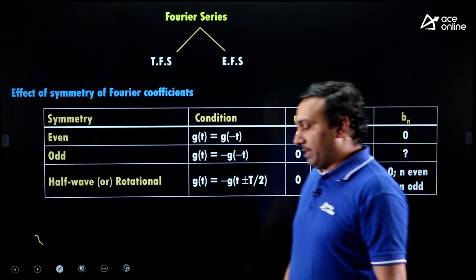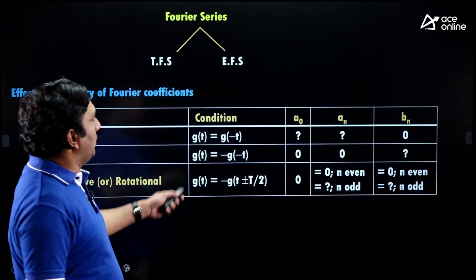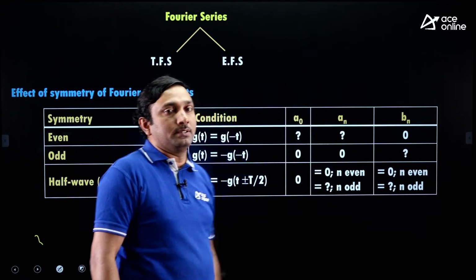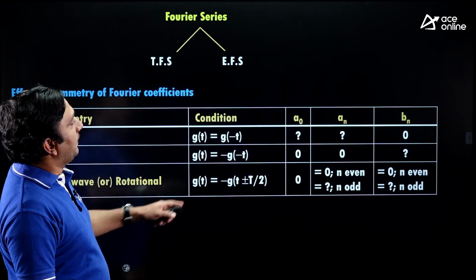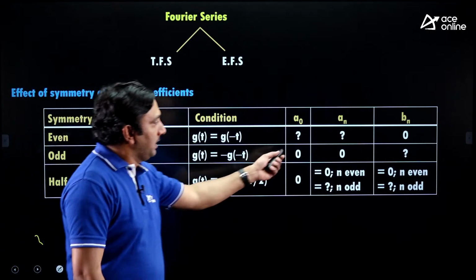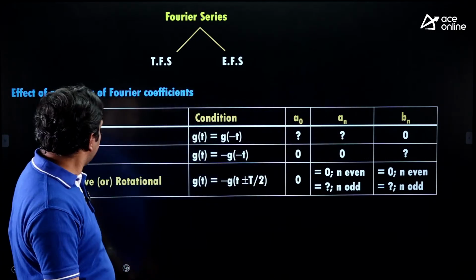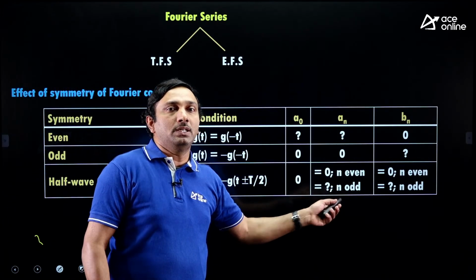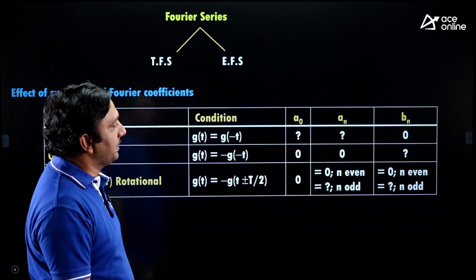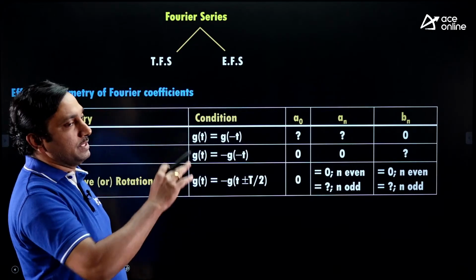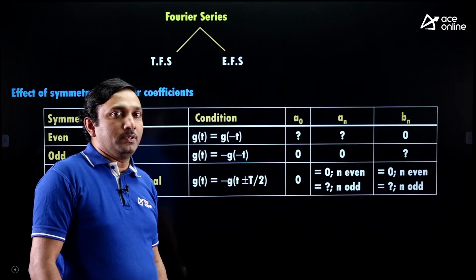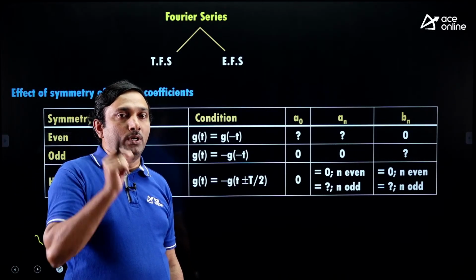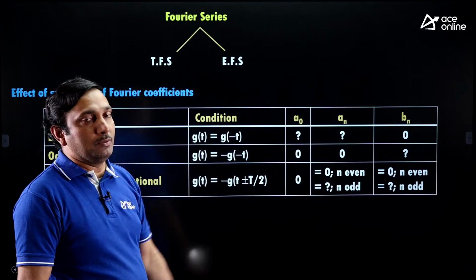When you have even symmetry, the time domain condition is g(t) equals g(-t), for which bn, the sine terms, don't exist. For an odd periodic function, DC and cosine terms, a0 and an, are 0, only bn exists. Half wave symmetry contains only odd frequency components, meaning odd n. So this is a standard table, you must be thorough. If anyone is willing to give a simple model, they will frame it related to this table.